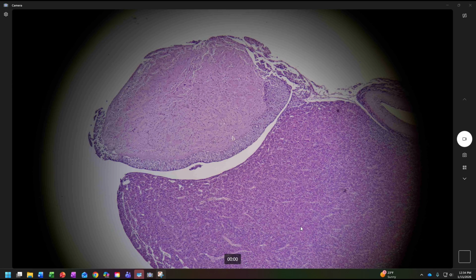Well, remember from when we talked about the anterior pituitary and the posterior pituitary, we said that the anterior pituitary is a true endocrine gland. The cells of the anterior pituitary make and secrete the hormones that come from that part of the pituitary.